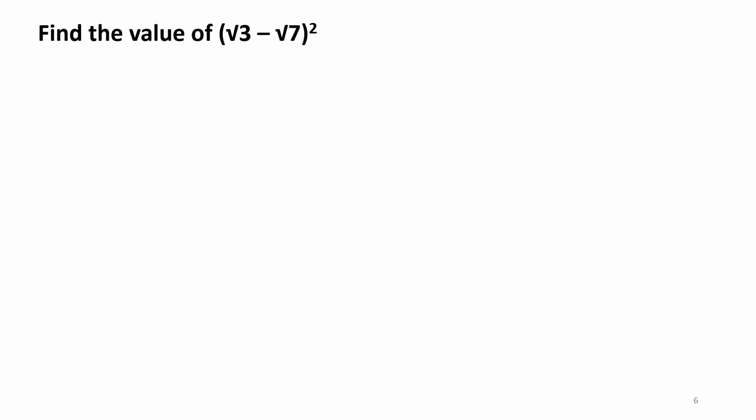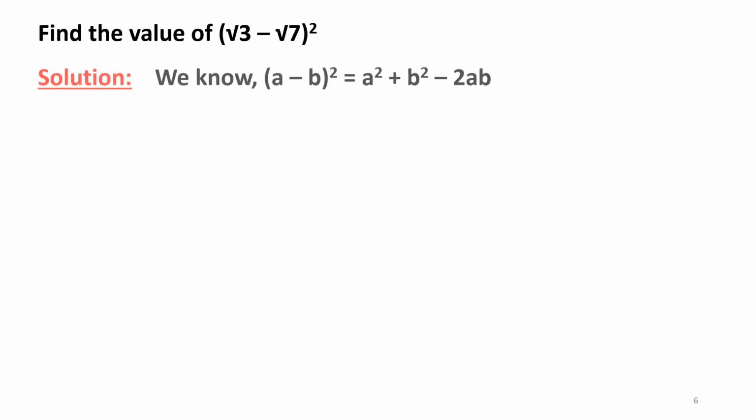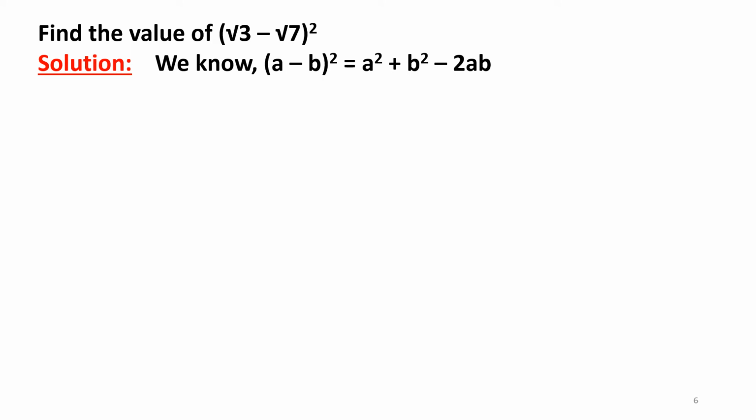Find the value of (root 3 minus root 7) whole square. The question is in the form (a minus b) whole square. We know the formula (a minus b) whole square equals a square plus b square minus 2ab. So we apply this formula to expand.